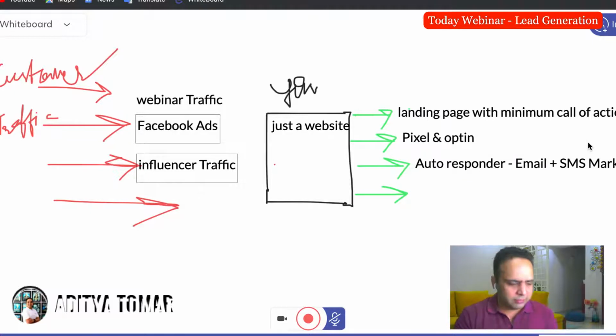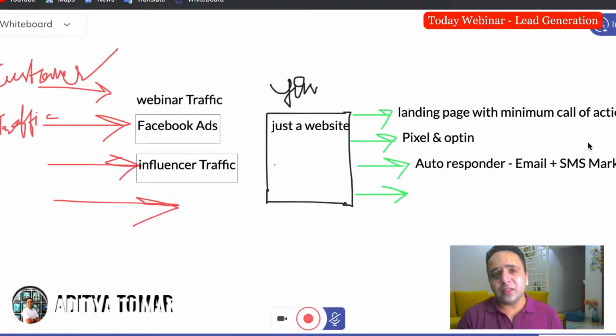Email has a 10 to 15% open rate. SMS has around 40 to 50% or more open rate, right? So you should have an email plus SMS marketing tool. I think there's a tool called Active Campaign, which is used for both.